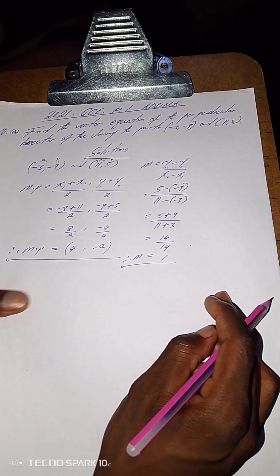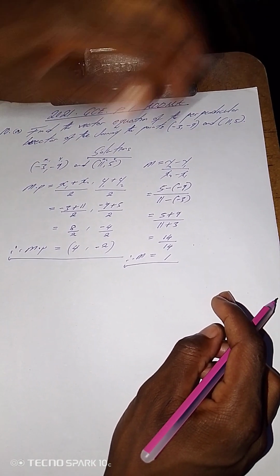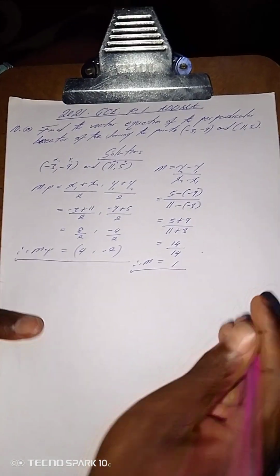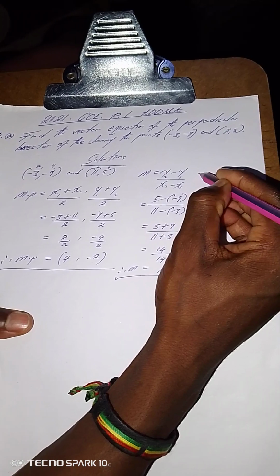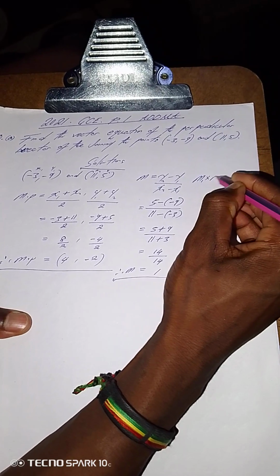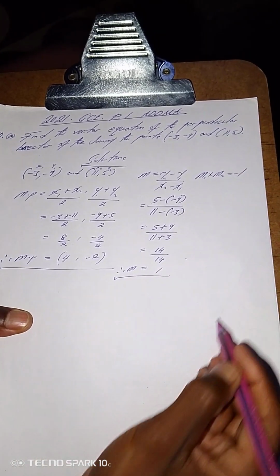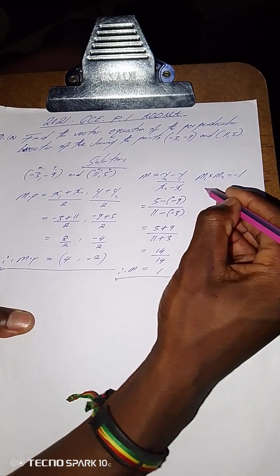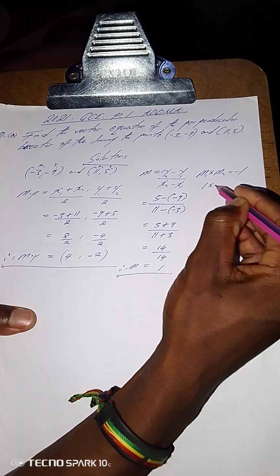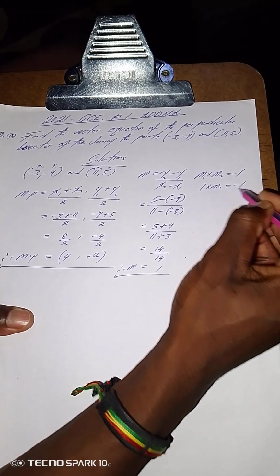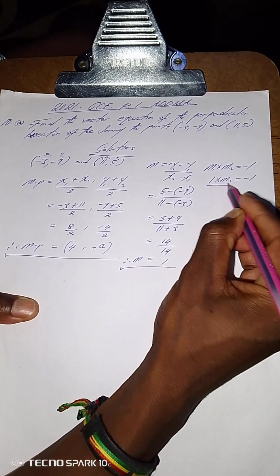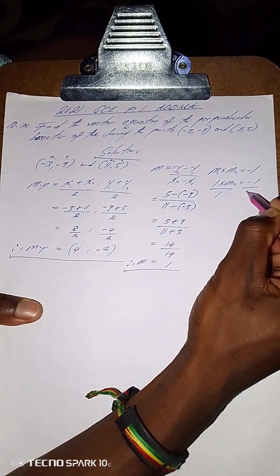This is the gradient. Now the gradient we are looking for is a perpendicular gradient, or normal gradient. The formula is m1 times m2 equals -1. So m1 is this one, I'm going to put 1 here, times m2, equals -1. Here it's going to be over 1, even here over 1.